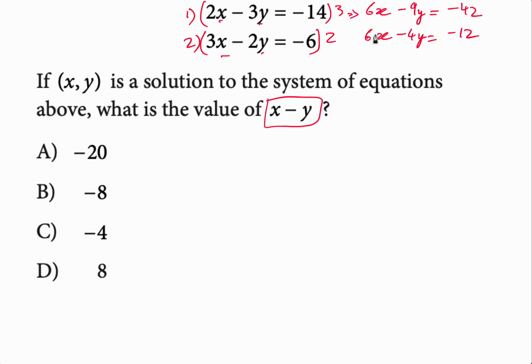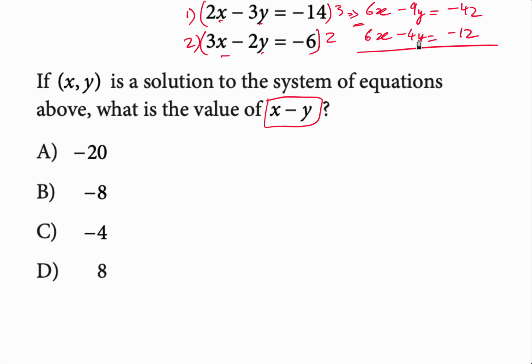Now I'll take the first equation minus the second equation. So I do minus. Okay, so now 6x minus 6x is 0, right? So I don't need to write that. Now negative 9y minus negative 4y. Because you have negative and negative here, negative times negative, that's positive. So technically it's 9y plus 4y.